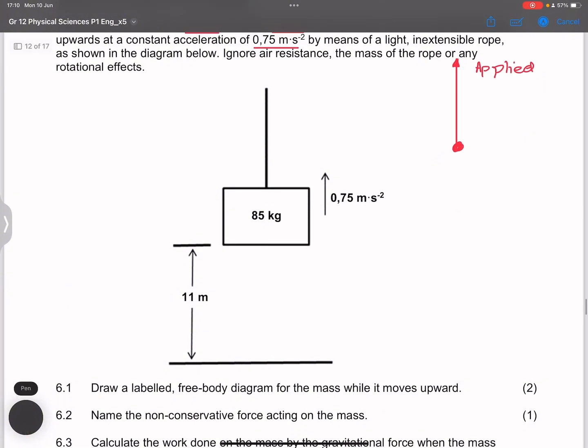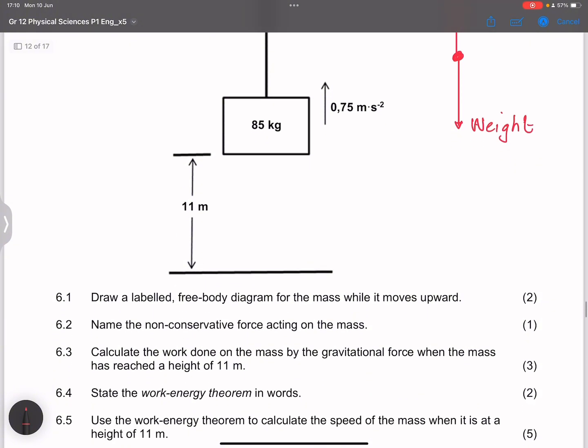And we have the weight, or you can say force of gravity. Right, so that's how the free body diagram would look. As I said to you again, the marks do tell me about the number of forces involved.